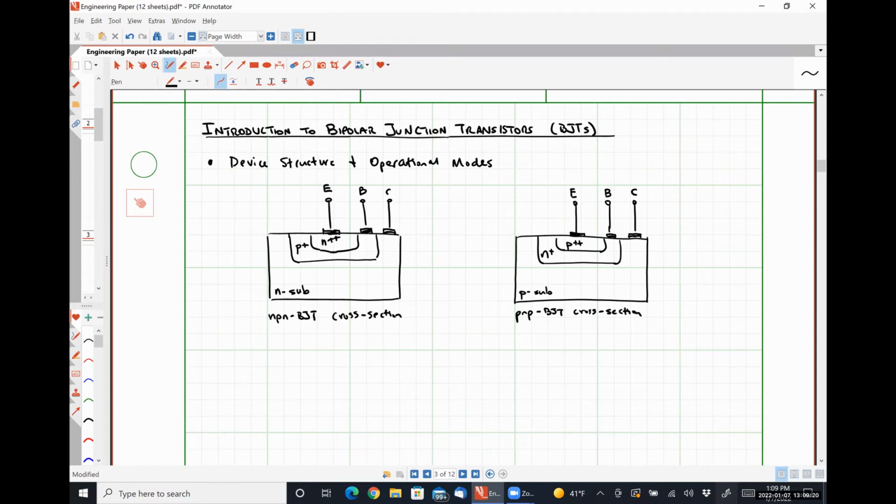Well, if the base is long, or has a large distance for our diffusing carriers to travel through, they'll all recombine before they hit the collector. So we want that base region to be thin so that diffusing injected minority carriers can actually get picked up by the collector so that we have some device current flowing through, okay?